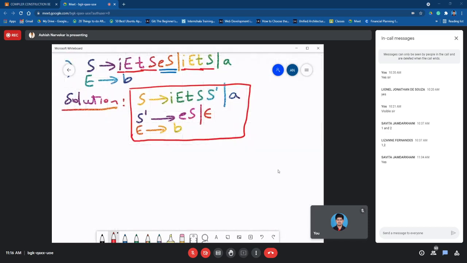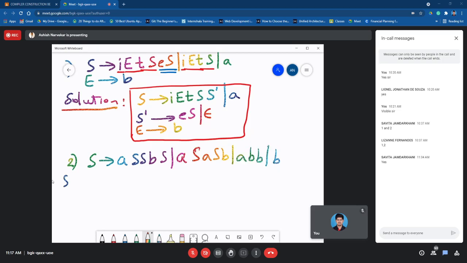We'll take one more example, then we'll stop. Please give me another 2-3 minutes. So S derives aSSbS or aSb or abb or b. Let's see the solution. I'll mark the alpha, the longest prefix, and underline it.